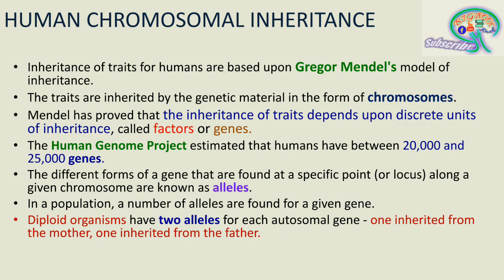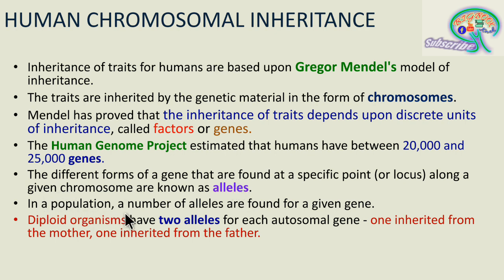In human beings, the hair is curly or straight, or the eye color is brown or black. In this, one is going to be dominant and the other recessive. That is because of the two different natures of the same gene getting expressed. Those two different natures of the gene, either dominant or recessive, are both called alleles.